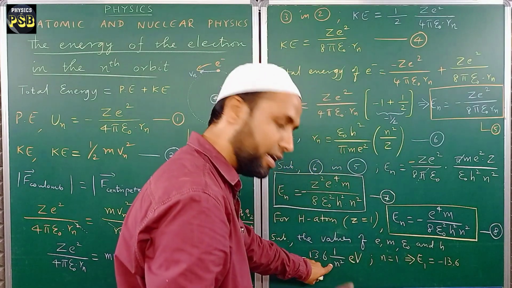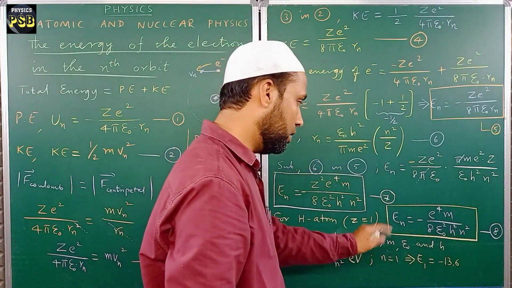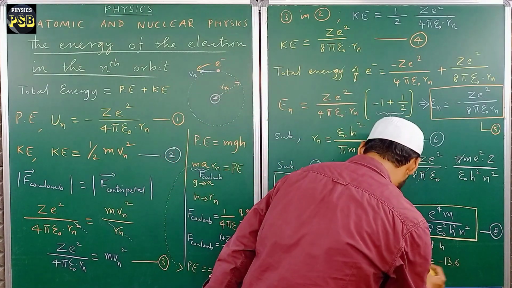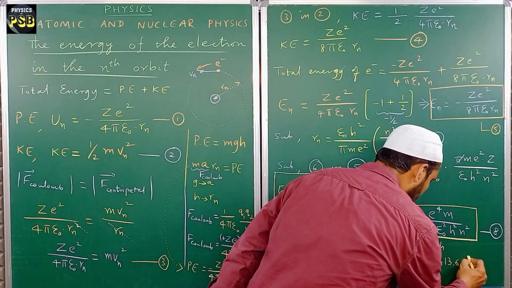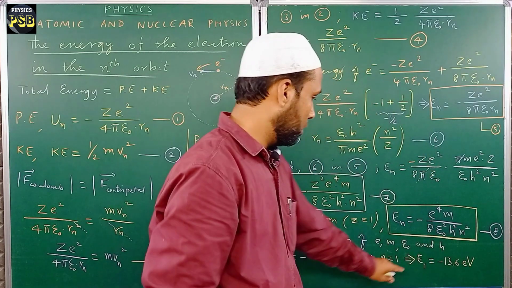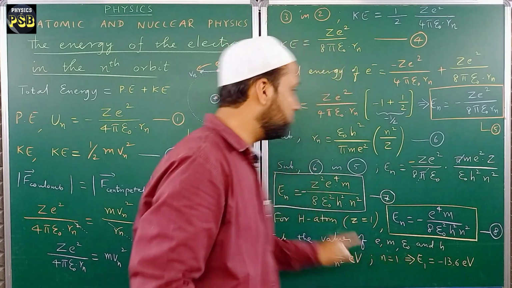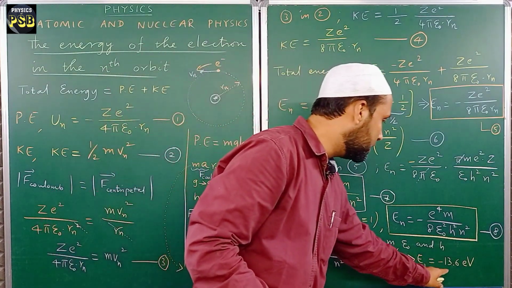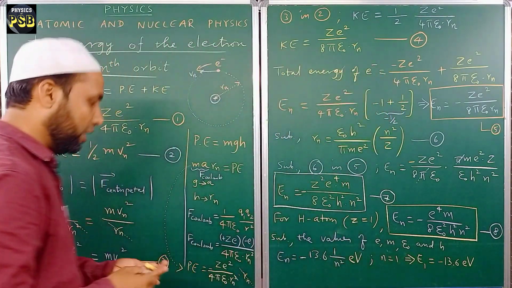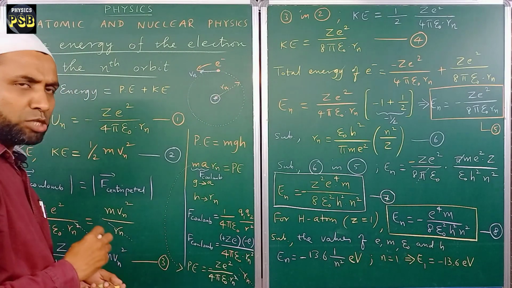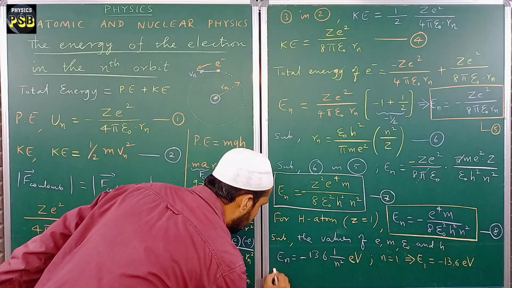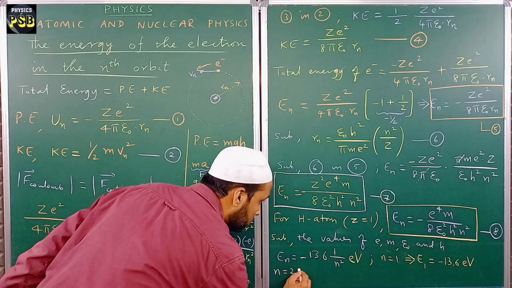In the place of n I take 1, so the denominator will vanish. So the energy of the electron in the first orbit is minus 13.6 electron volt. If an electron is present in the second orbit, the principal quantum number is 2.